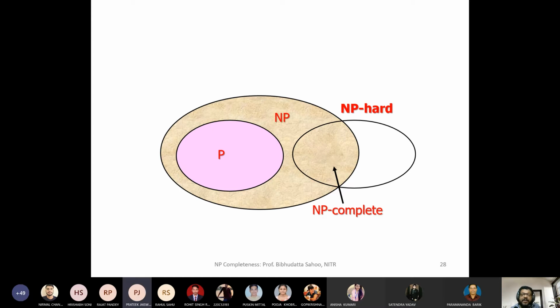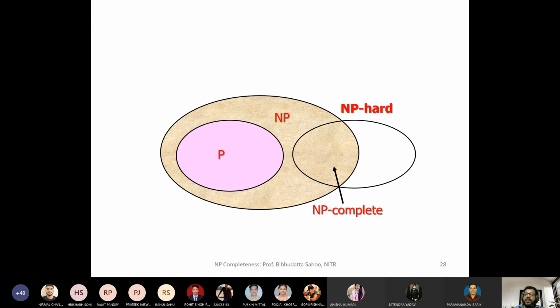That means if there is no polynomial time algorithm for all instances, please remember this word, for all possible inputs, if your algorithm fails to do that, then we are not going to claim that there is a polynomial time algorithm for my problem. So maybe for 99 inputs it gives you the result, but for one input it fails, it belongs to NP.